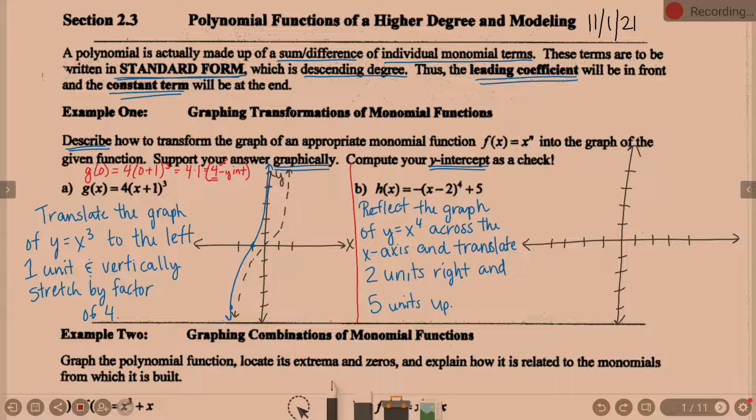If you think about some points, it's going to go through 0, 0, right? If we're just looking at the basic. It would also go through 1, 1, right? Because 1 times 1 times 1 times 1. Negative 1, 1. When we get to 2 to the fourth, that'd be 2, 16. I'm not going to do that.